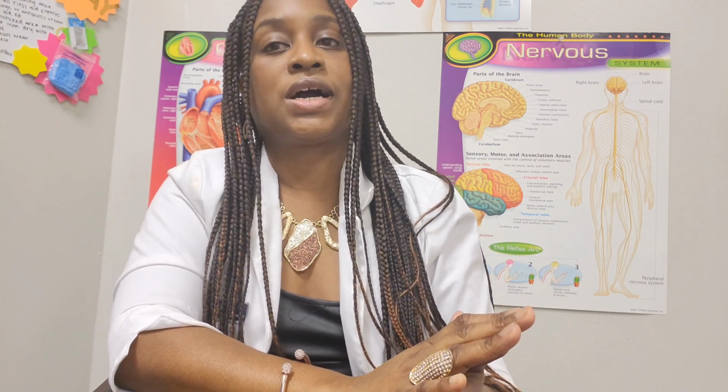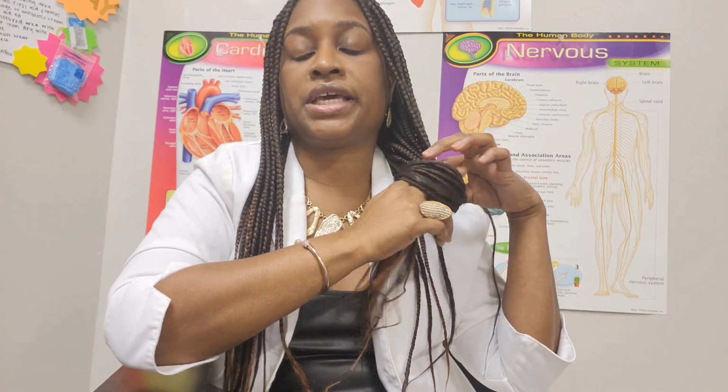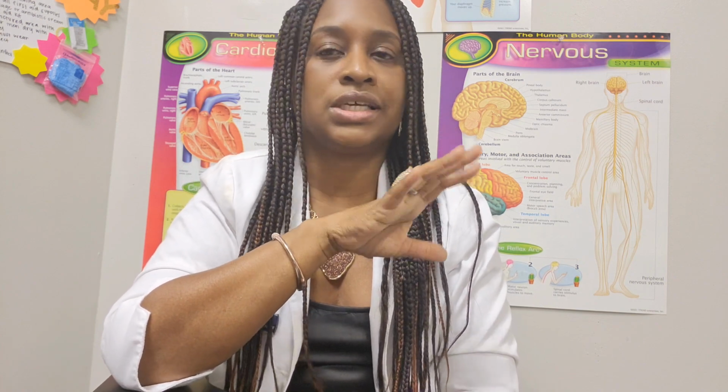It's not getting inside of the cortex, where the cortex is going to start the process of the color or the relaxer or whatever type of chemical you're going to put on your hair for permanent reasons. So that is why a rinse doesn't color your hair, or a semi-permanent or a demi-permanent. You're not going to see those types of colors as bright as you would with a permanent color or a bleach or anything like that.